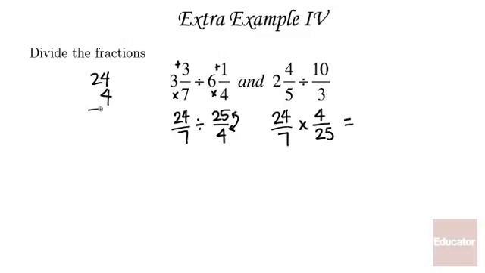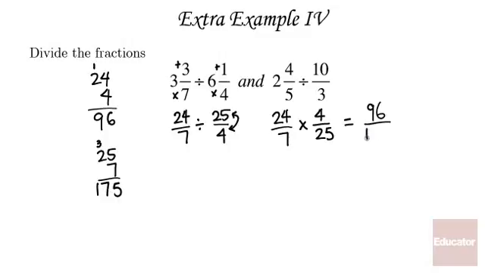24 times 4. 4 times 4 is 16, so I put the 1 right here. 6 down there. 4 times 2 is 8. Add the 1. 9. This becomes 96 over, and then 25 times 7. 5 times 7 is 35, so put the 3 up here. 5 right there. 7 times 2 is 14, plus 3 is 17.